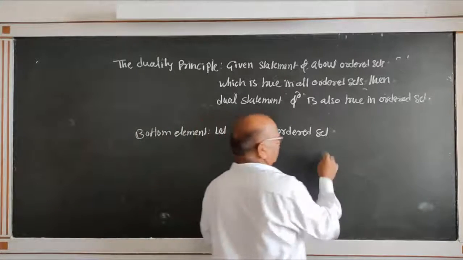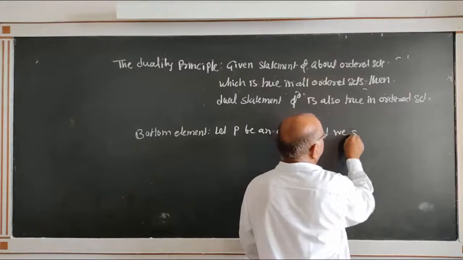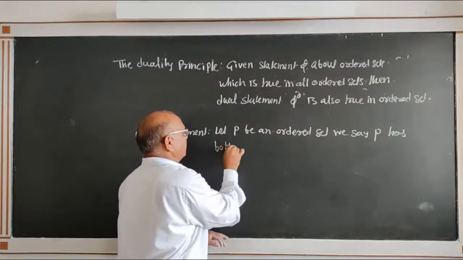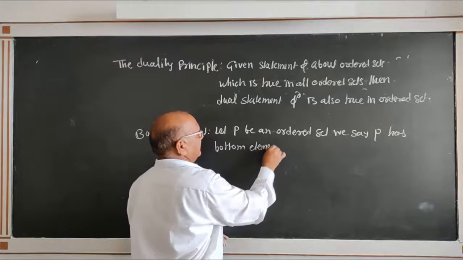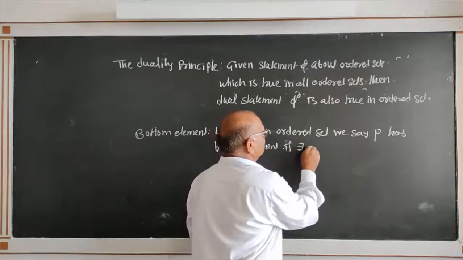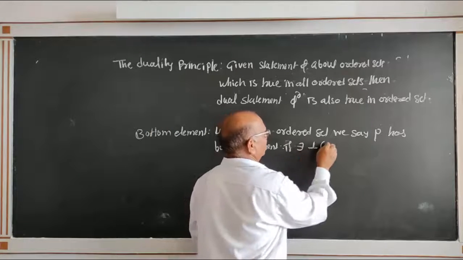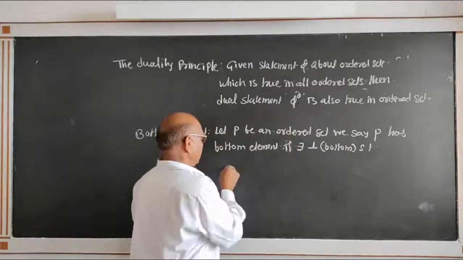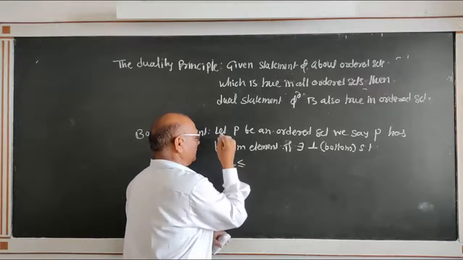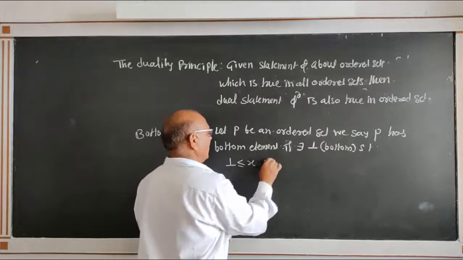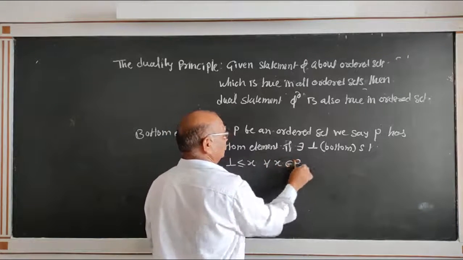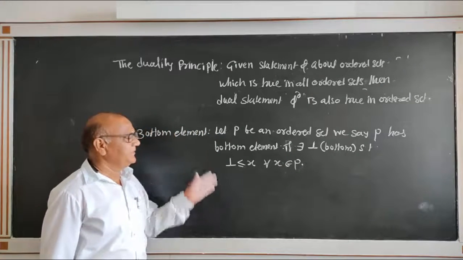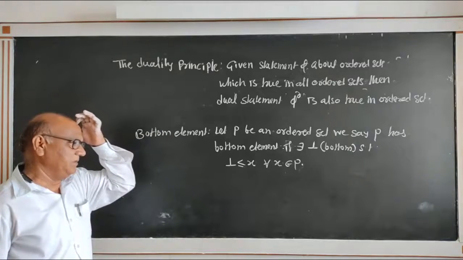We say P has a bottom element if there exists a bottom such that bottom is related to X for all X belonging to P. It's called the bottom element.